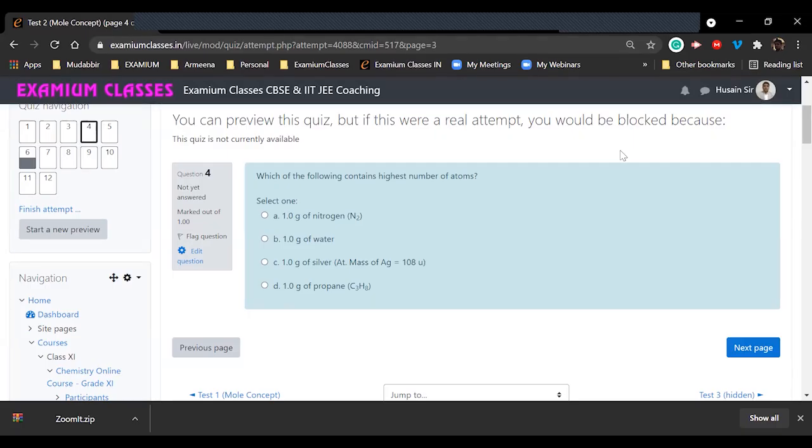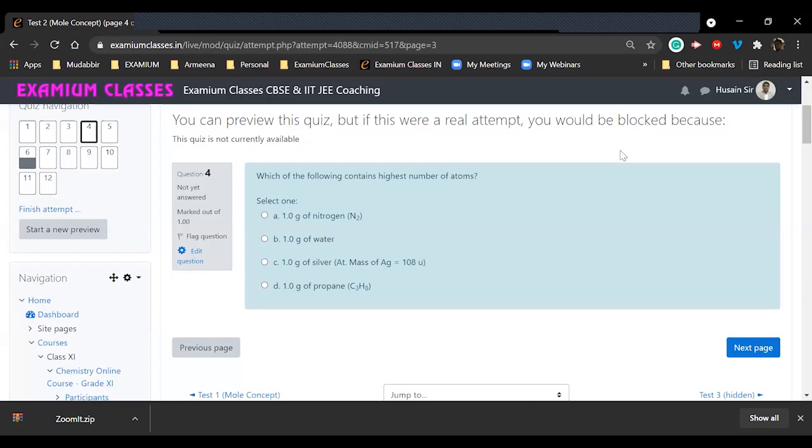So you will focus on two things. First, the atomic mass or molar mass should be very low, and that will give the greatest number of atoms. Secondary focus: how many atoms are there in one molecule? In the fourth one, there are quite a few, 11 atoms in one molecule.